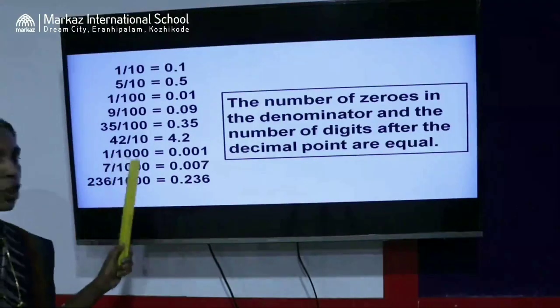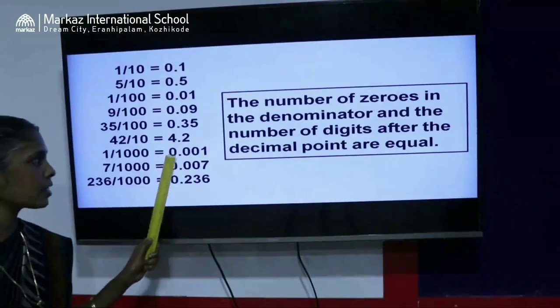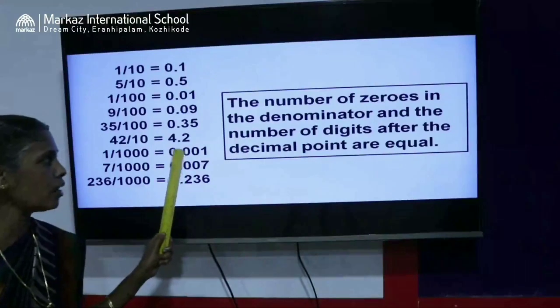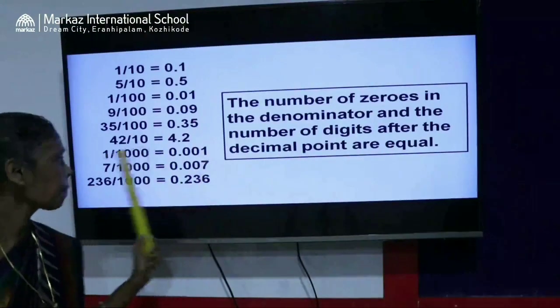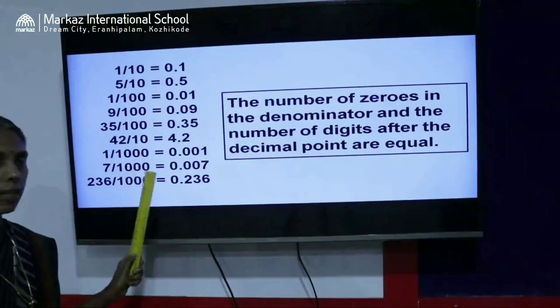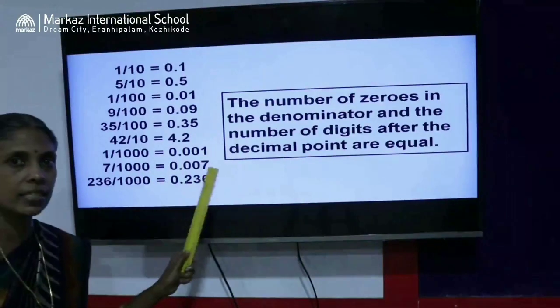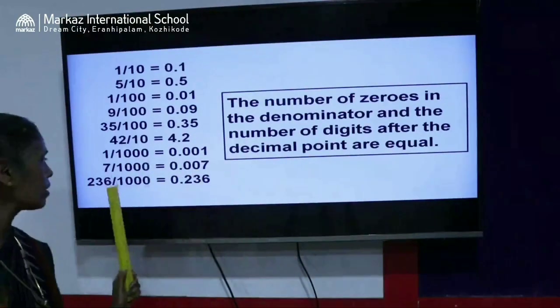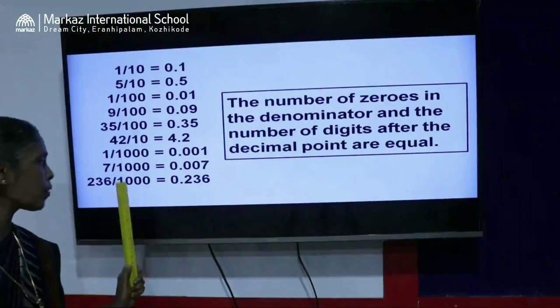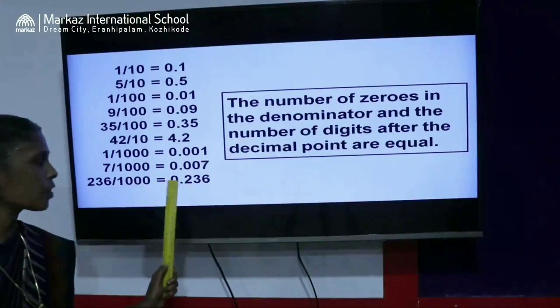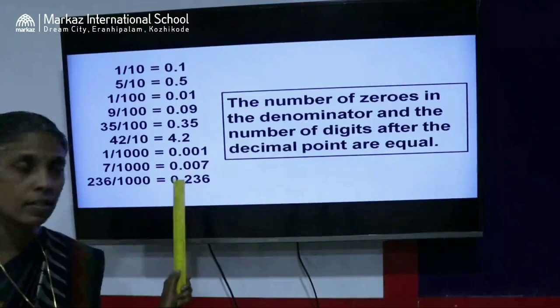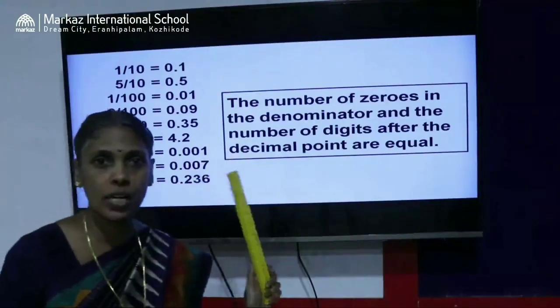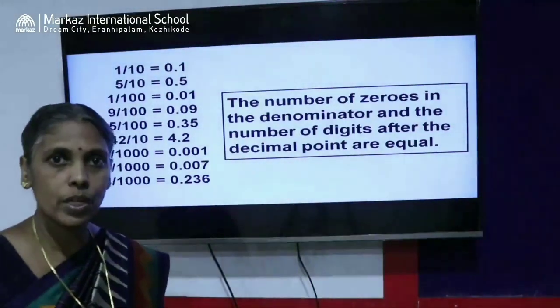Here comes 3 zeros, so after the decimal can you see 3 digits? 1, 2, 3. Number of zeros 3, after the decimal 3 digits: 0, 0, 7. In the same way here also the number of zeros is 3, so after the decimal there should also be 3 digits, that is 2, 3 and 6. So okay, thank you.